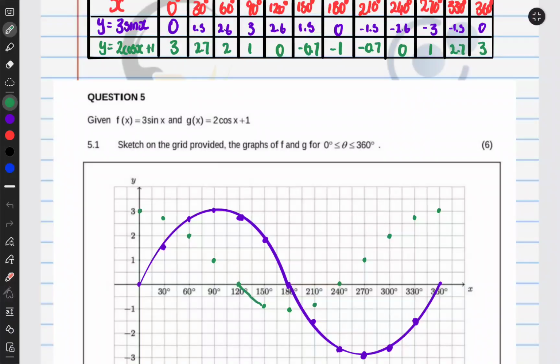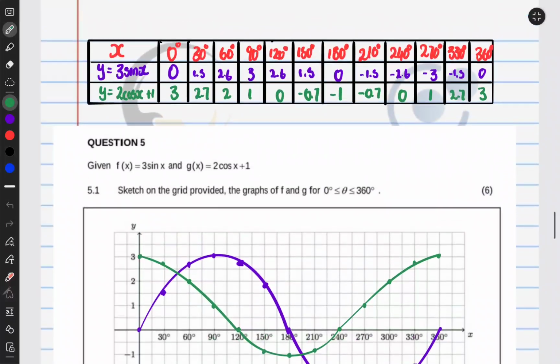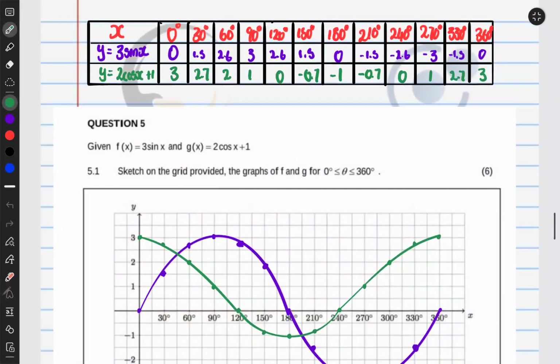Let's join our points. Okay, and that is the second function.